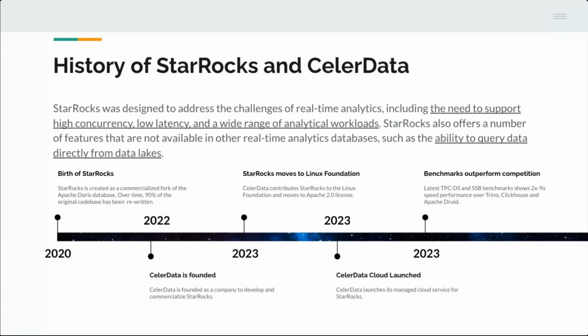We've rewritten 90% of the original code base from Doris, so we don't think we are Doris anymore because we've written so much of it. Some of the architectural concepts are very similar, but we've really drifted away from Doris's design and capabilities.